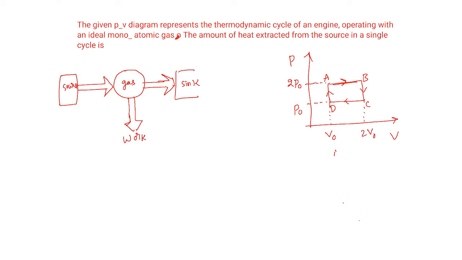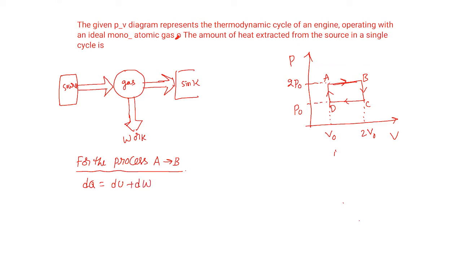Why will heat be supplied to the gas? See here. For the process A to B, dQ is equal to dU plus dW.